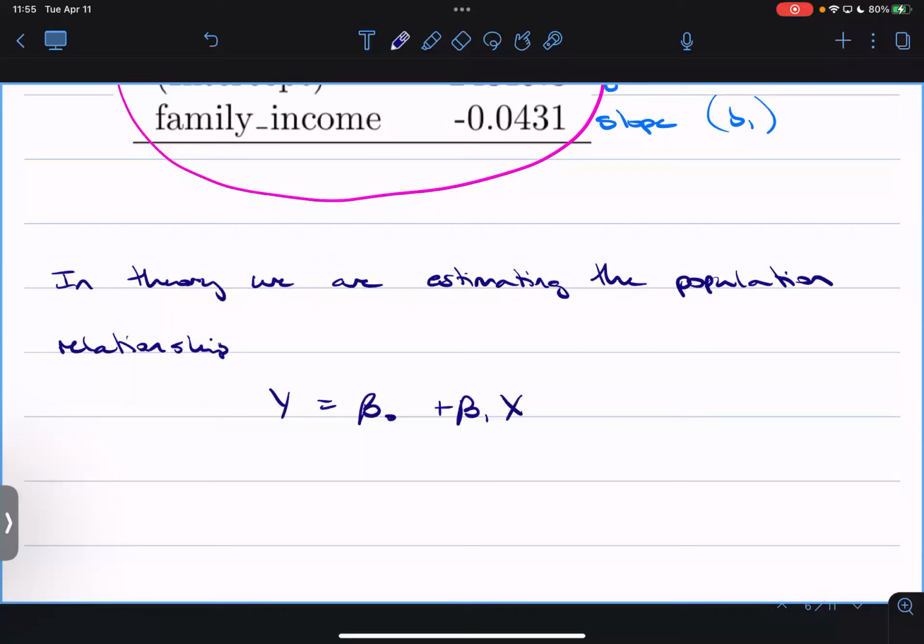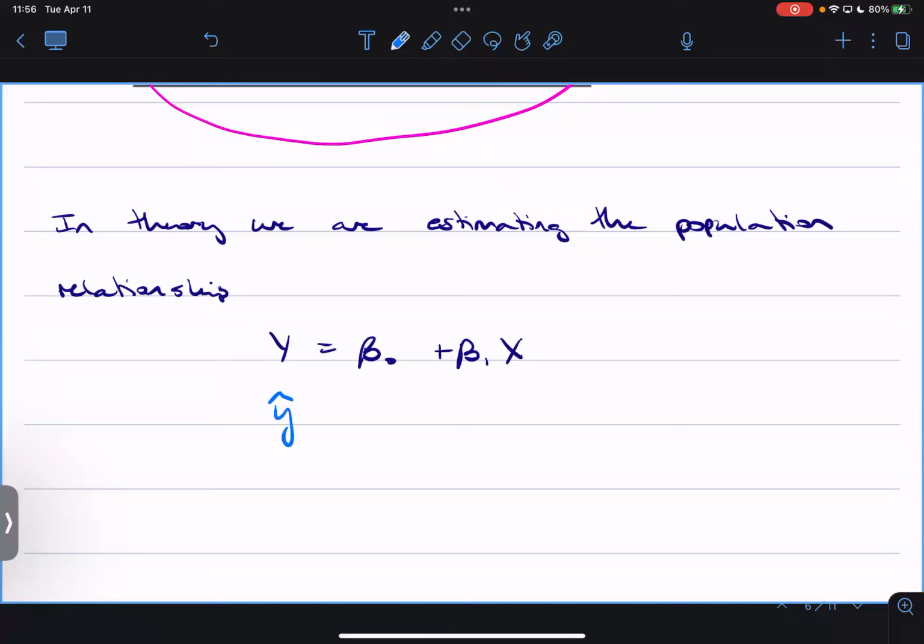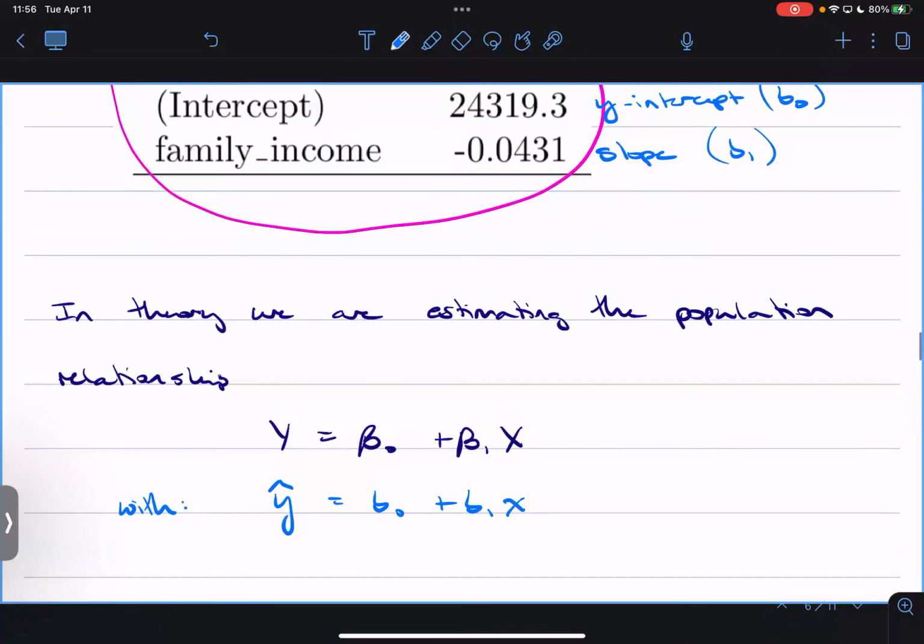That's the parameter version, right? So we use betas instead of b's. And so here, what we're doing is we're estimating the population relationship with y hat is equal to b0 plus b1x, right? Where b0 is the point estimate of the population intercept and b1 is the point estimate of the population slope there. So there is that going on. We don't need to worry about it too much, right?